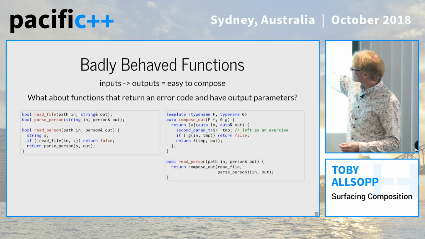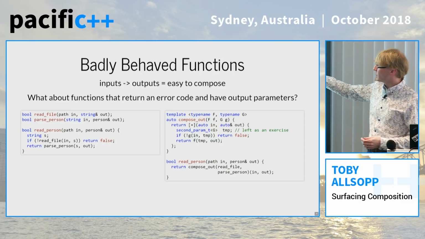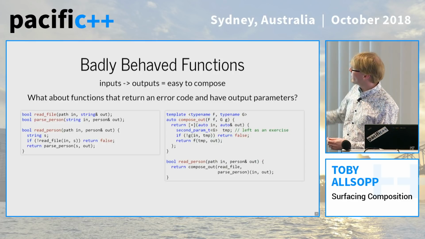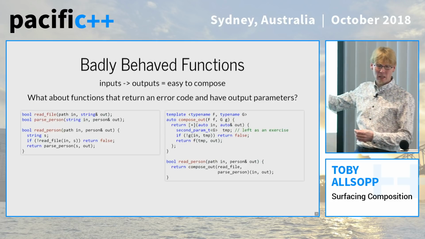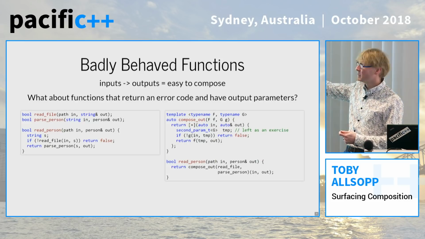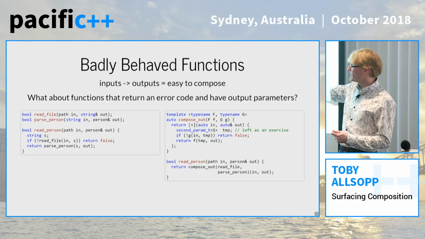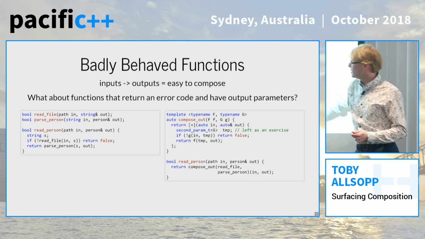Here we return a new function that has the correct kind of signature, as in it has an input parameter and it has an output parameter. Then we have to make a temporary object. And this is where it starts getting difficult. Like, what type should this be generically? It needs to be something that we can pass a reference of into G.